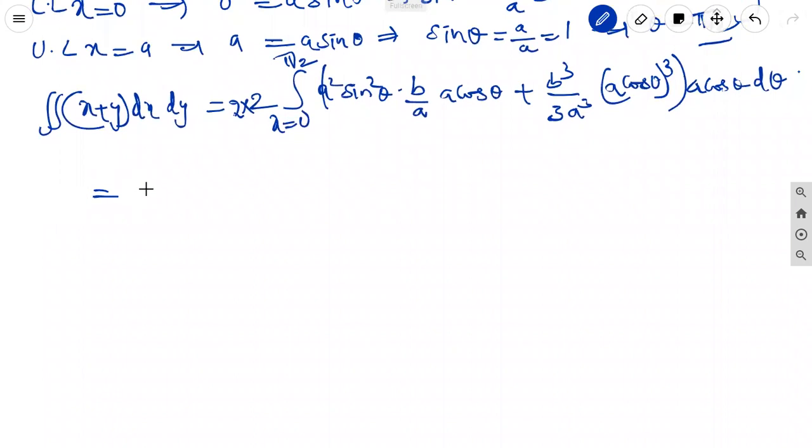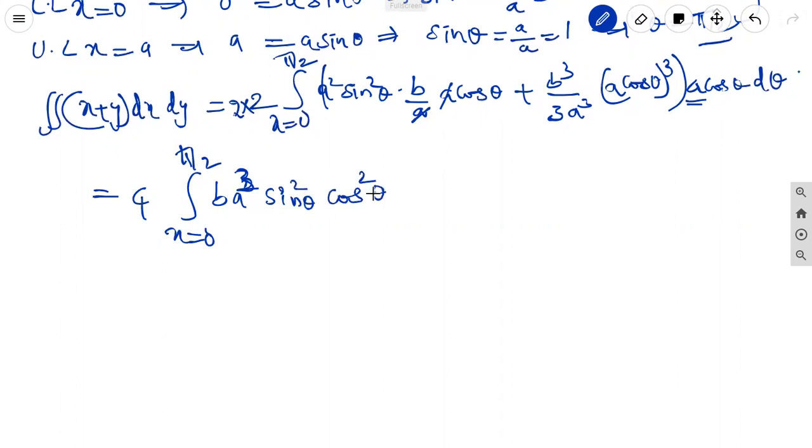It is equal to 2 integral, theta equal to 0 to pi by 2. One a cancels, b a square, and here also one a is there, b a cube sine square theta cos theta into cos theta, cos square theta, plus, one a cancels, and here b cube a by 3a square.